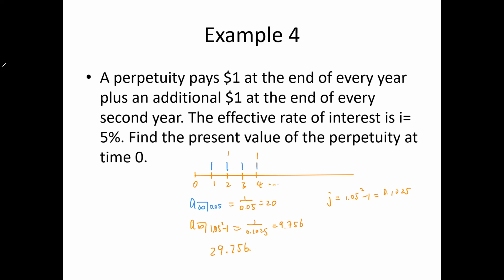Another way is a little bit complicated, so let me just briefly talk about it. You treat it as a cash flow of $2 here, and $2 here, and so forth.